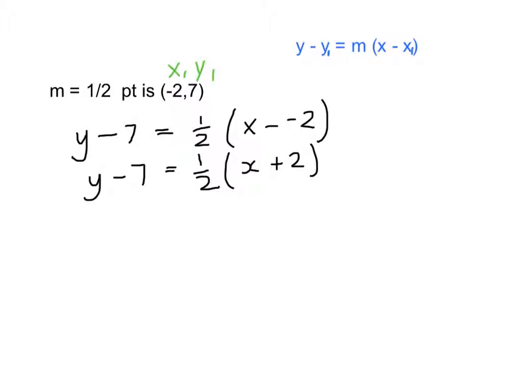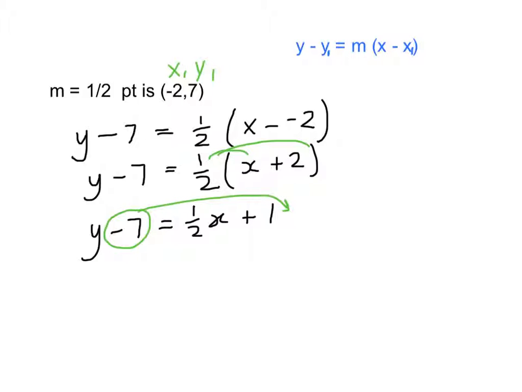And so first step, multiply out this bracket. Everything in the bracket gets multiplied by a half. y minus 7 equals a half of x, a half times 2, a half of 2, 2 lots of a half, will end up being 1. And now I want to get rid of this here and put it over the other side, because remember, they want the equation of the straight line.